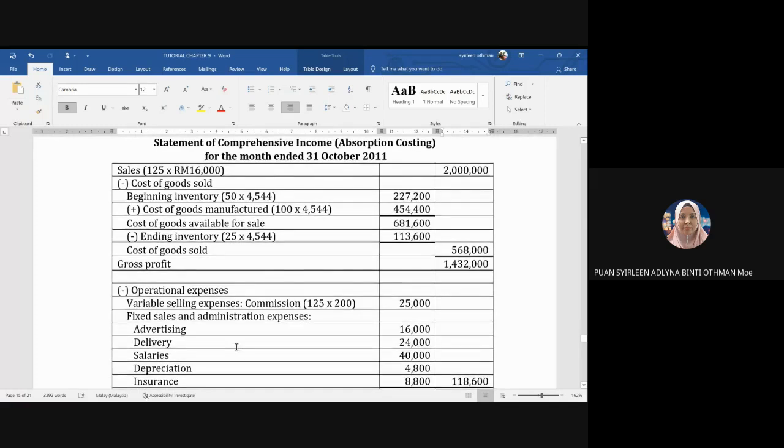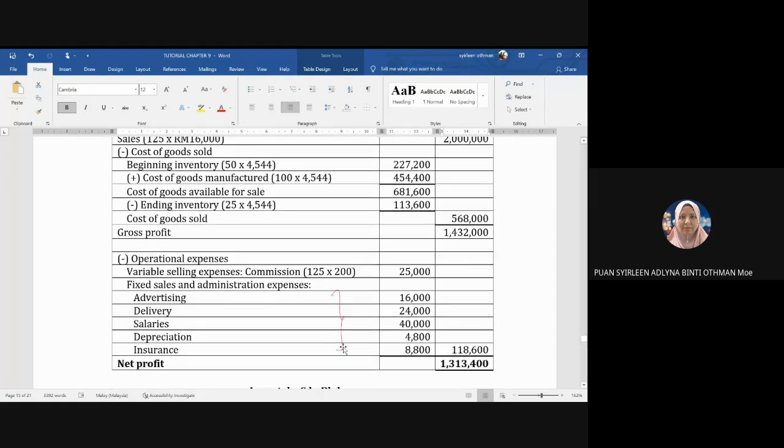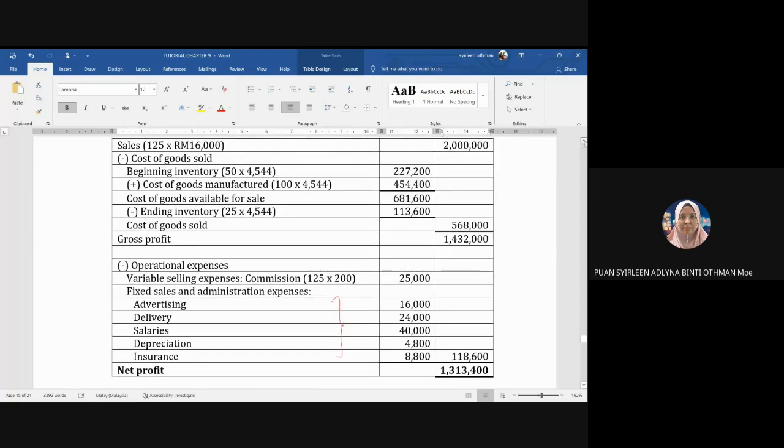Okay, so this is for your absorption costing statement. Okay, dekat sini make sure you list down everything. Okay, sorry. So you get your net profit of 1,313,400 ringgit.